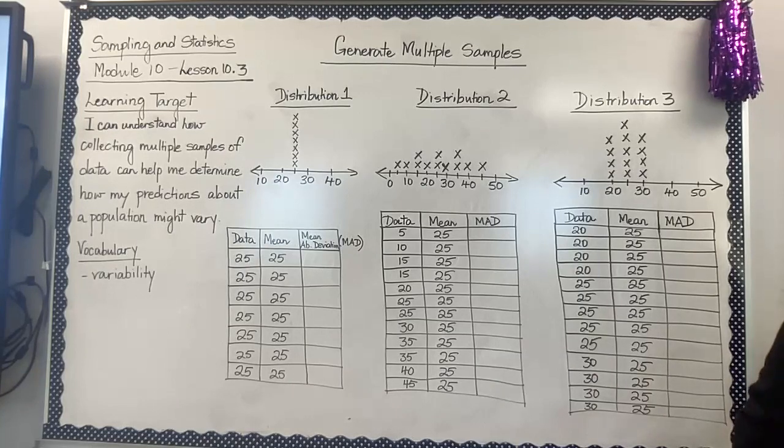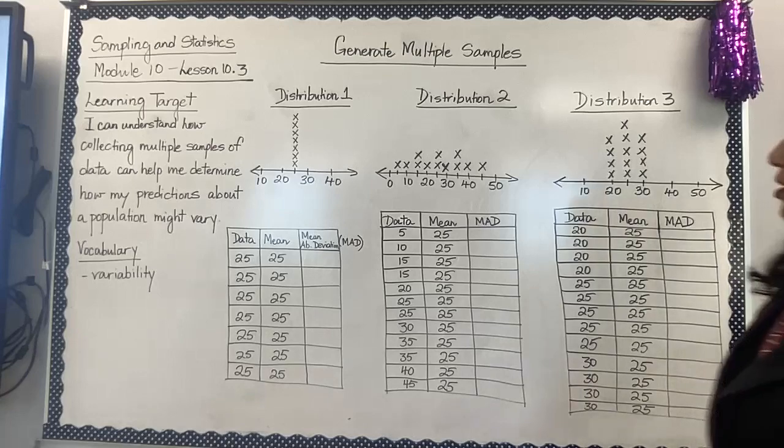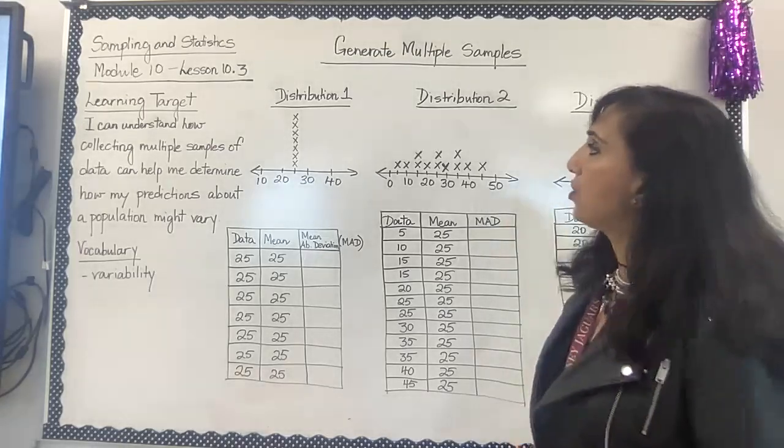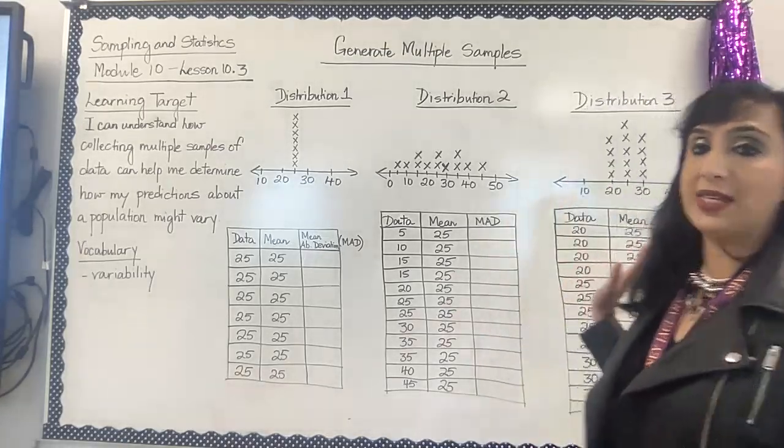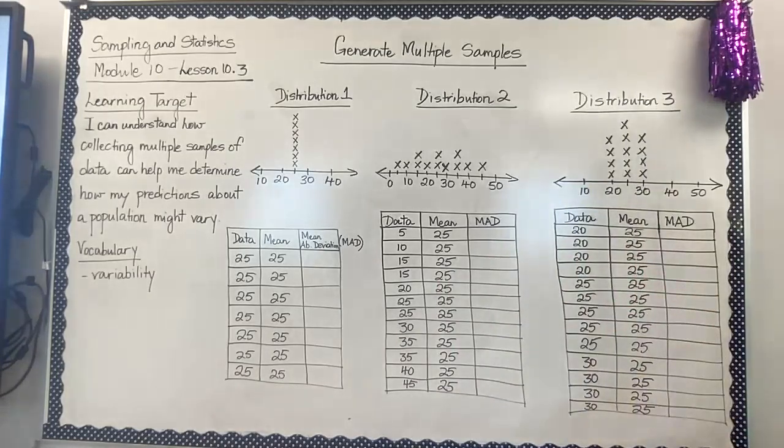A graph of multiple samples will only report the mean value in each sample as a single data point. The amount of variability can be informally described based on the visual distribution of values as having high, low, or no variability. I have put these three examples up here for your graphs, and these are the three distributions.